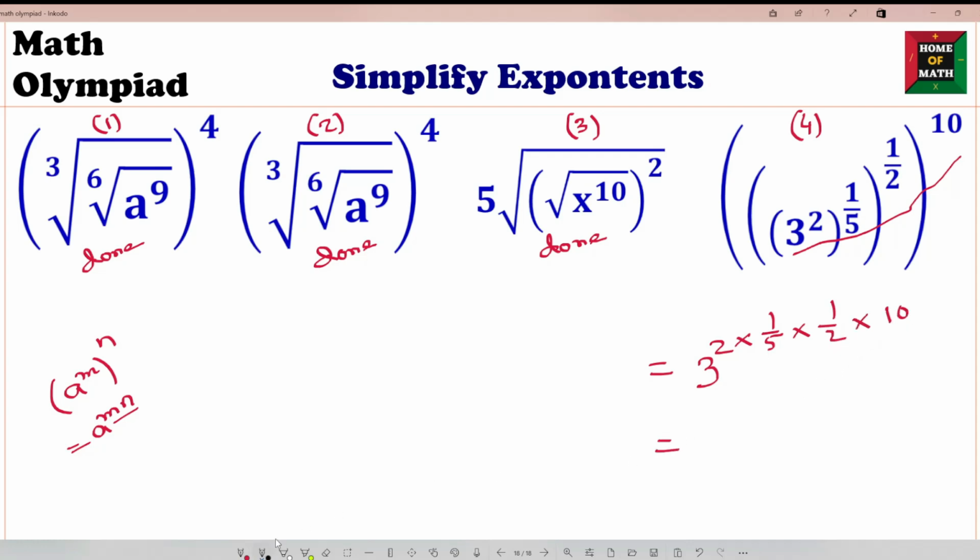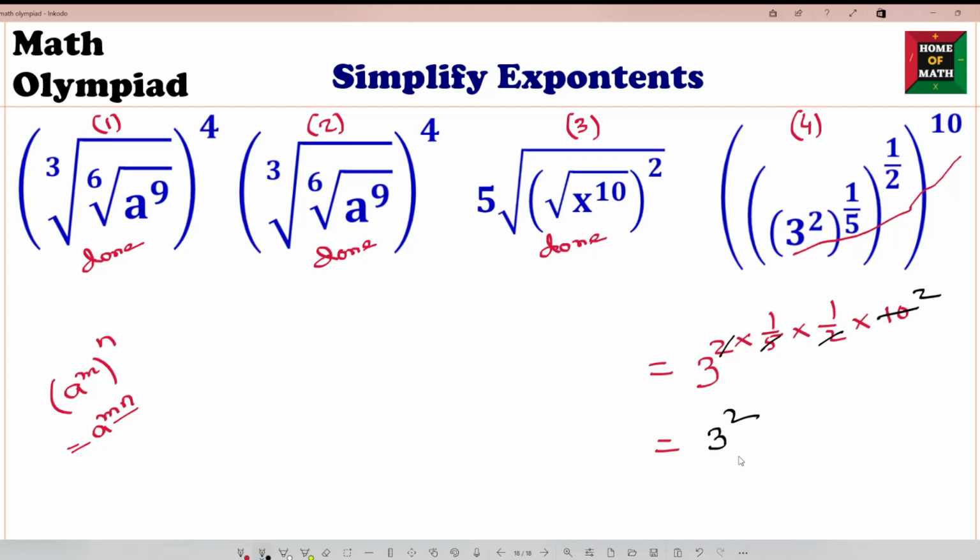Now look, these 2 and these 2 we can cut, and here is 5 and here is 10. So once we divide by 5, here is 10 divided by 5 is 2.